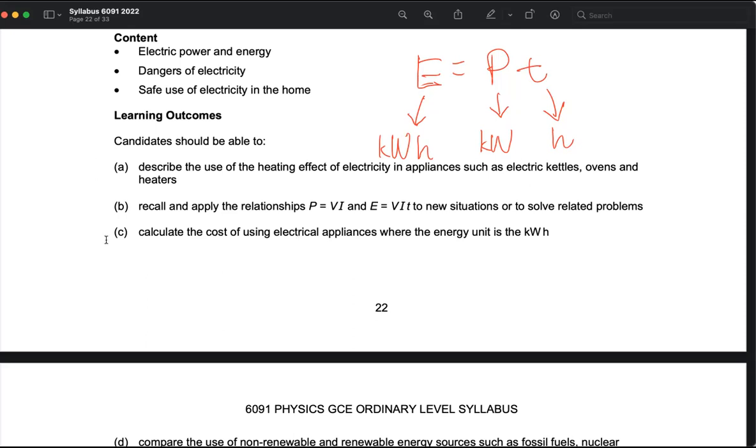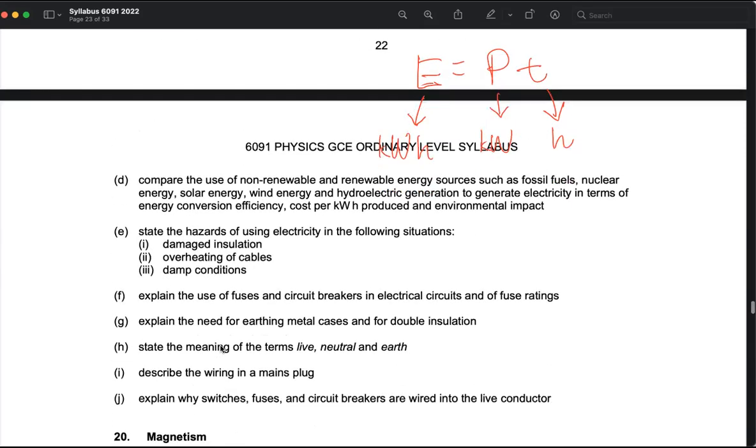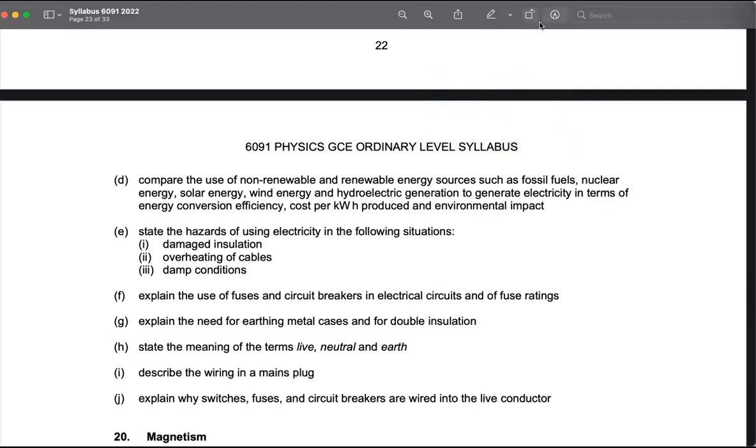So that is actually for part C. Now, the rest down here, I don't like to go through because they are all very factual. So can you please read through all of this in your textbook? Because if I were to go through them, they will be the same as I read from the textbook.